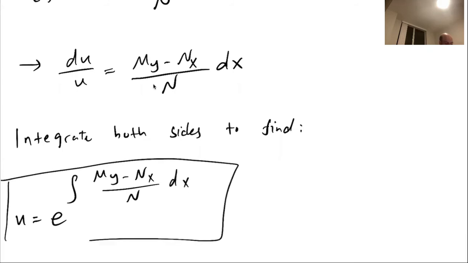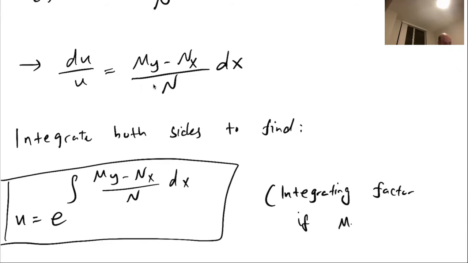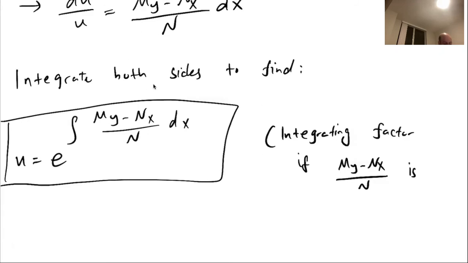So this is the integrating factor, if (M_y minus N_x) divided by N is a function of x only.